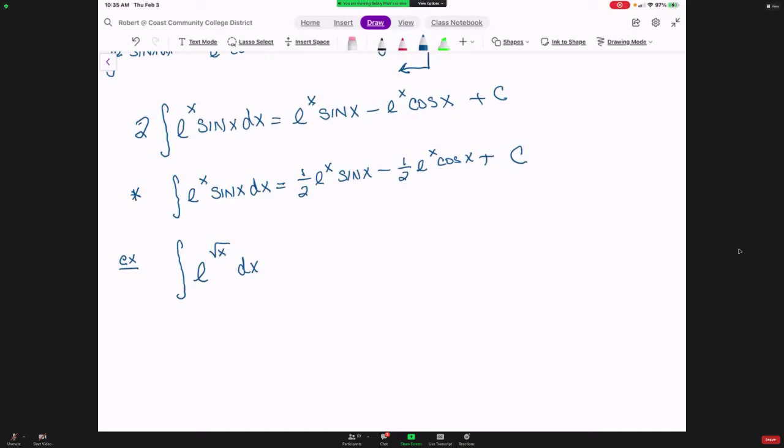So what did we do here? Let's let t equal the square root of x. So that dt is going to be 1 over 2 square root of x dx, which is 1 over 2t dx.